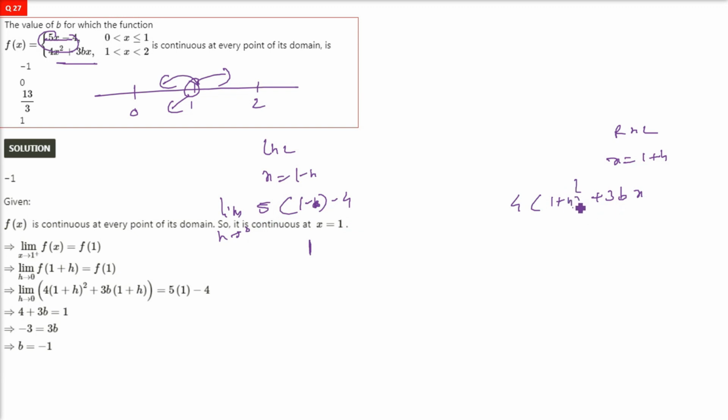Here you have 4 into (1 plus h) square, that is 4 only. Then 3b into (1 plus h) will be 3b plus 3bh, and 3bh will be 0, so it will be 3b. So 4 plus 3b is equal to 1. 3b is equal to 1 minus 4, that is minus 3. b is equal to negative 1. That is your answer.